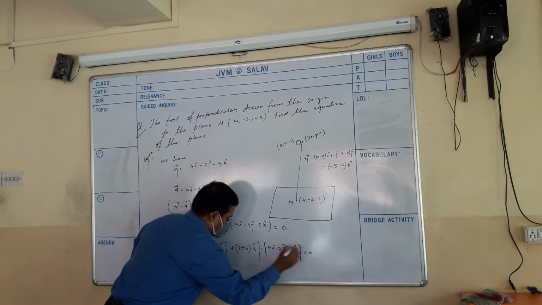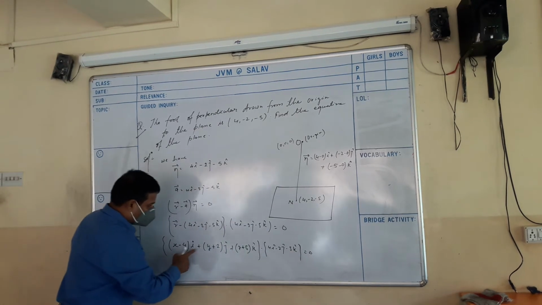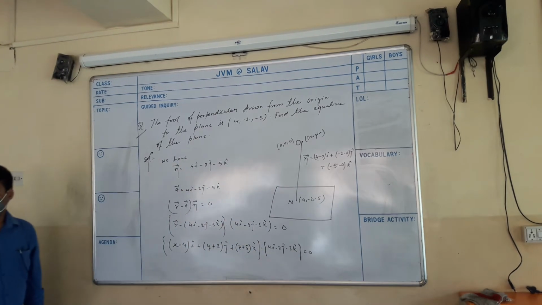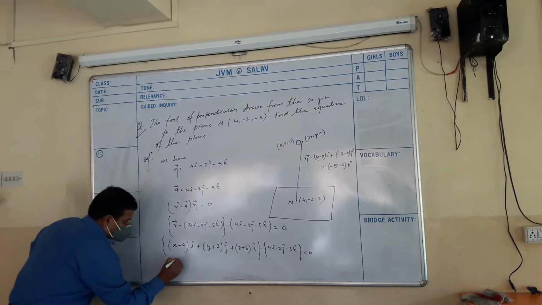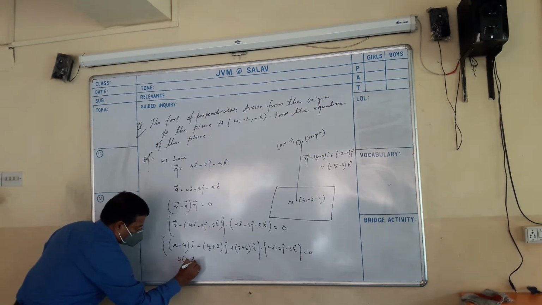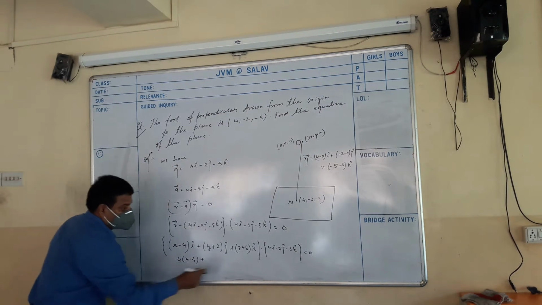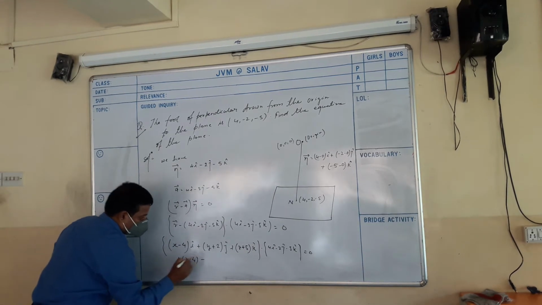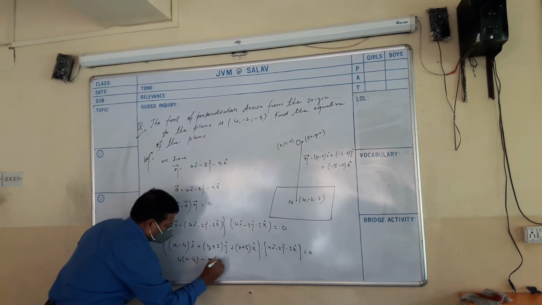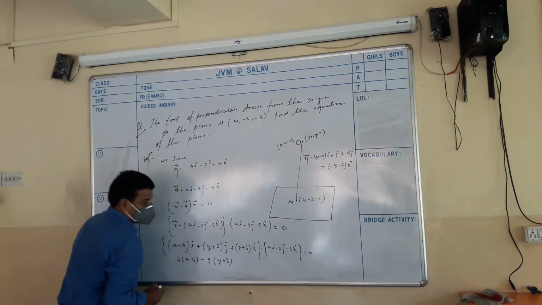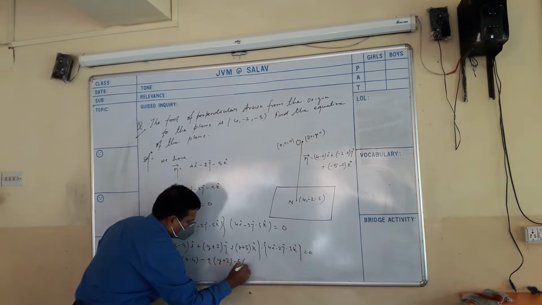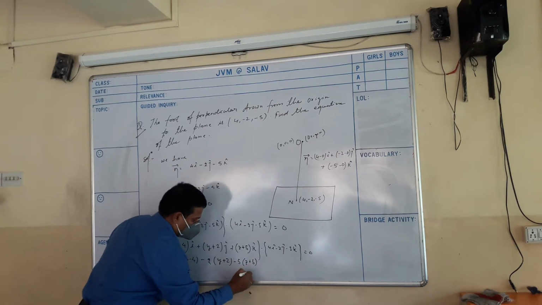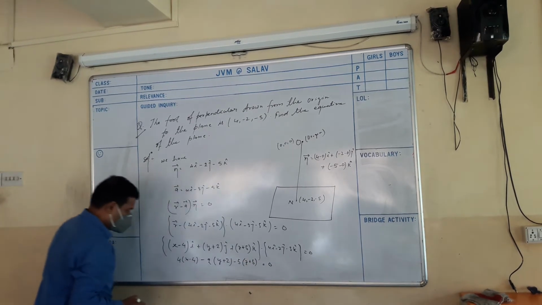So now the dot product: i dot i is 1. So 4(x minus 4), then minus 2(y plus 2), then minus 5(z plus 5) equal to 0.